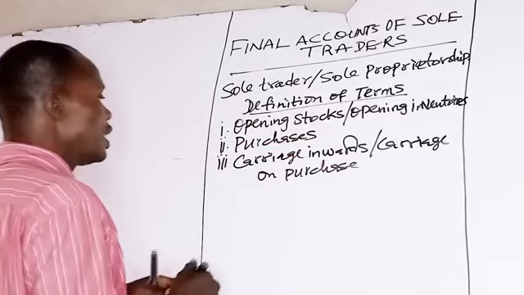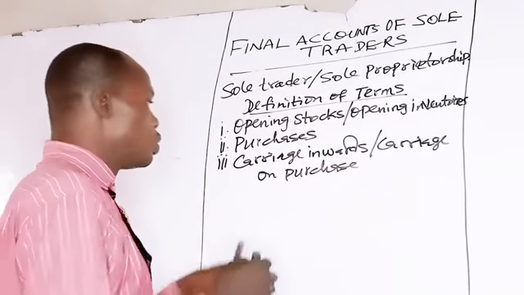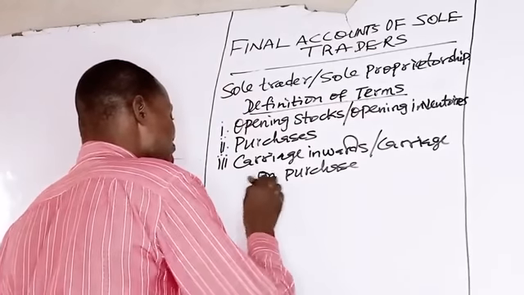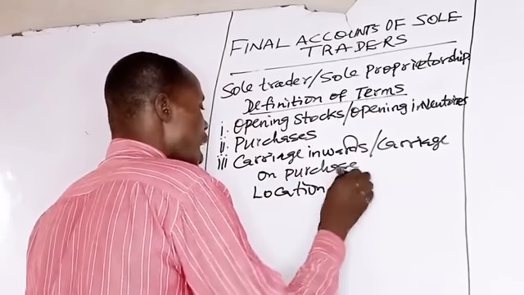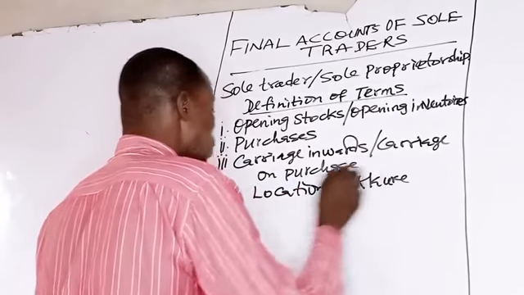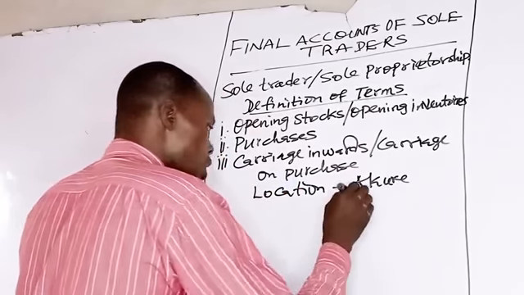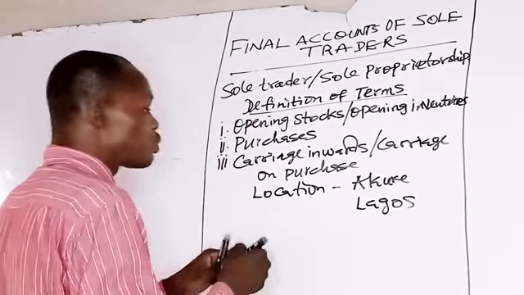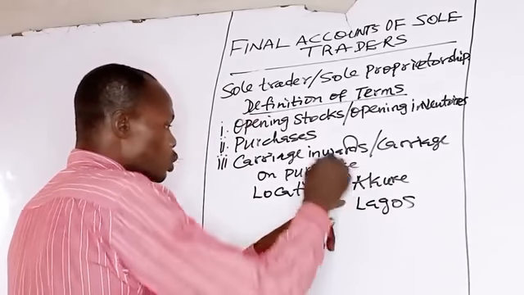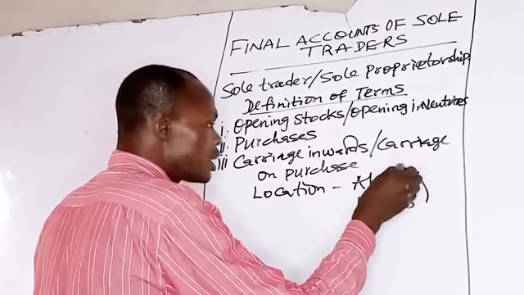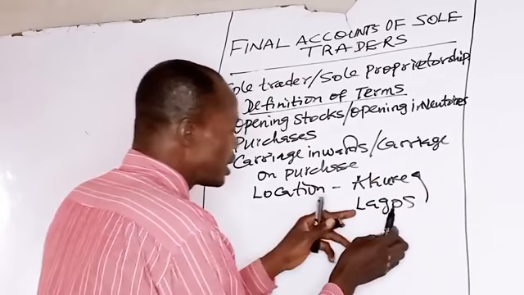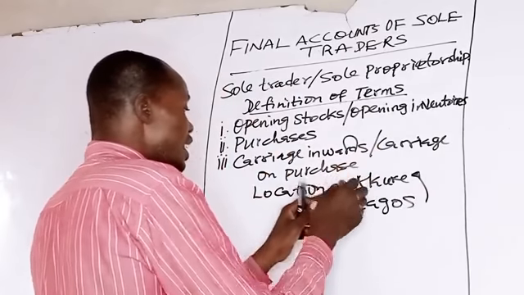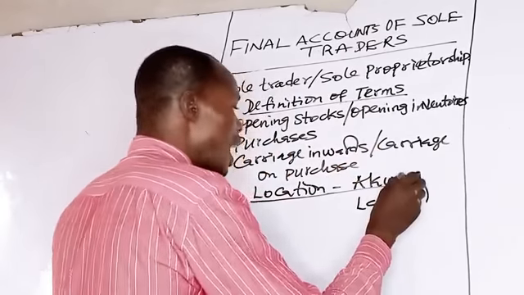Now, for instance, if the location of your business is in Akure, and the owner travels to Lagos to buy some goods, and the goods bought from Lagos are transported from Lagos to Akure, the cost incurred in transporting the goods from Lagos to Akure is carriage inwards, because the location is Akure.